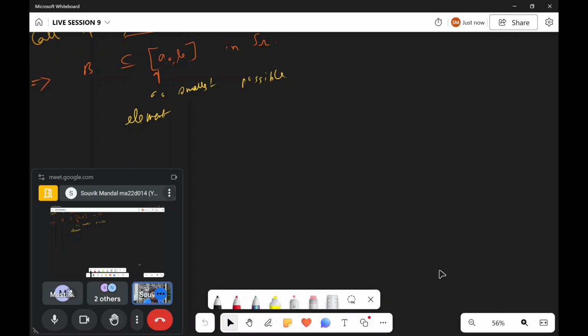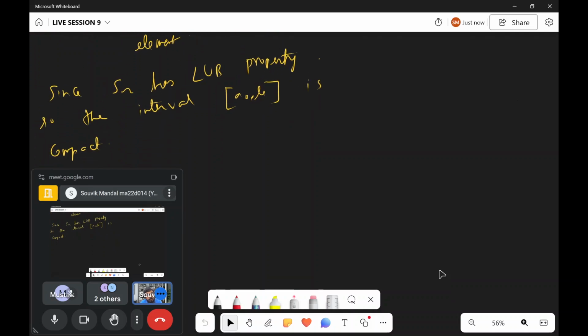Now, since S omega has the least upper bound property, the interval [a0, b] is compact, which is quite obvious.